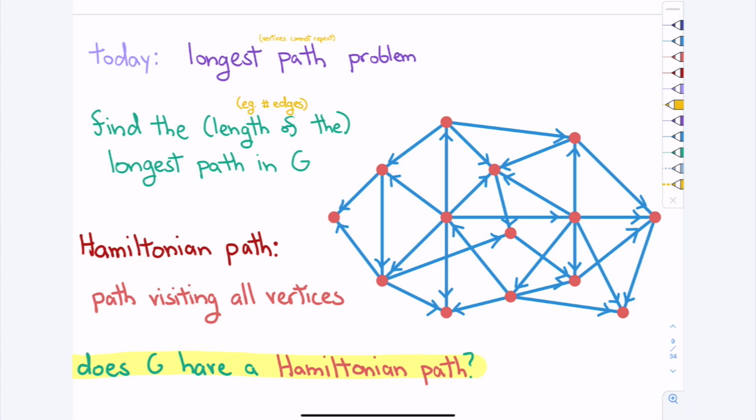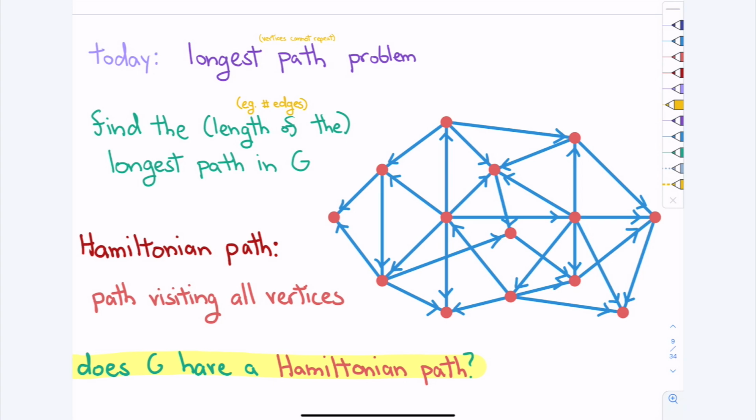Now we're working again in regular old-fashioned directed graphs. There may be cycles. Amazingly, this one has one of length 10. And actually what we're going to do is focus in particular on that special case of trying to figure out if a graph has a path that visits everyone. I'm going to focus on the Hamiltonian path case.